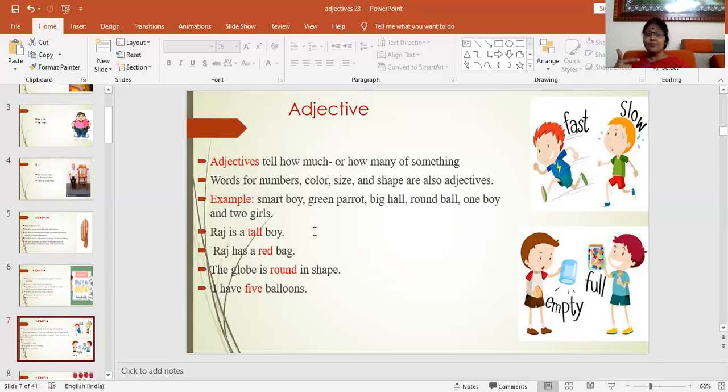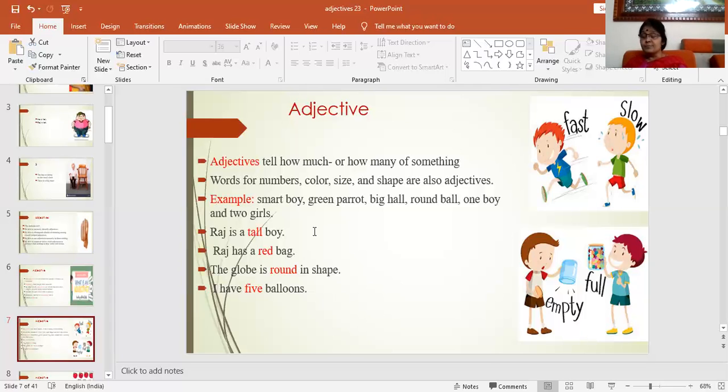Round in shape, right? Round is the word that I'm using to describe the shape. I have 5 balloons. I'm giving you the number of balloons that I have. So these words like tall, red, round, 5, or smart, green, big, 1, 2, all these are also called adjectives.